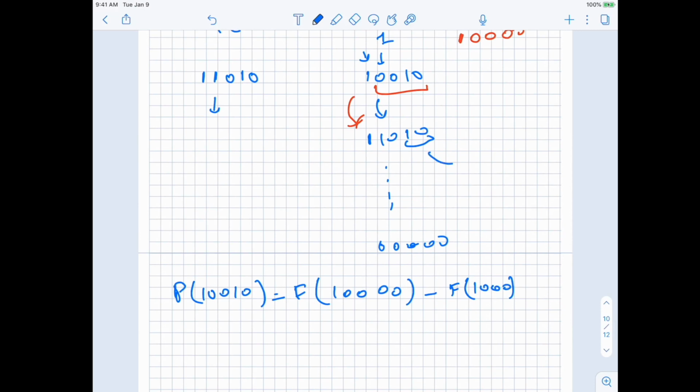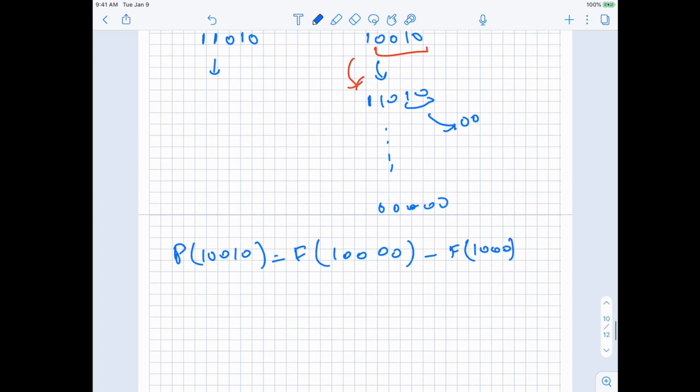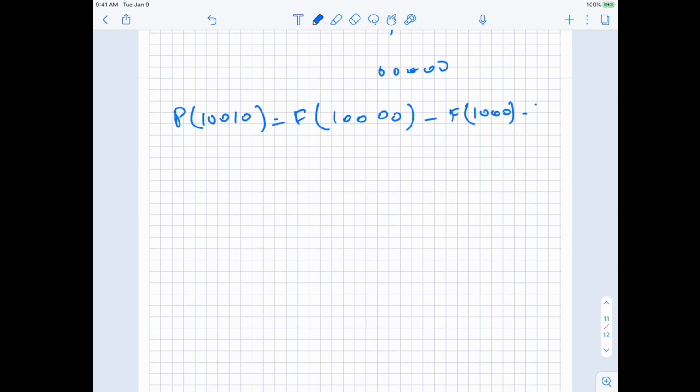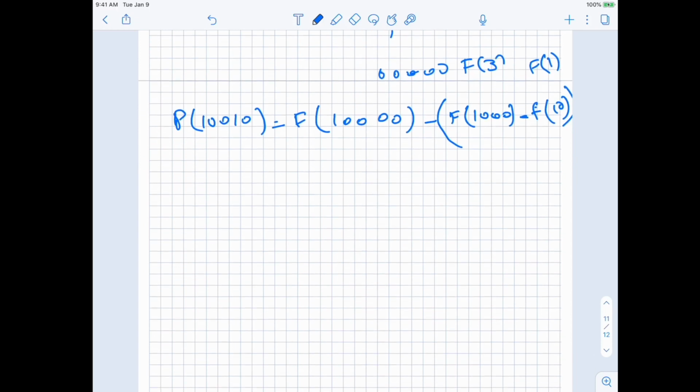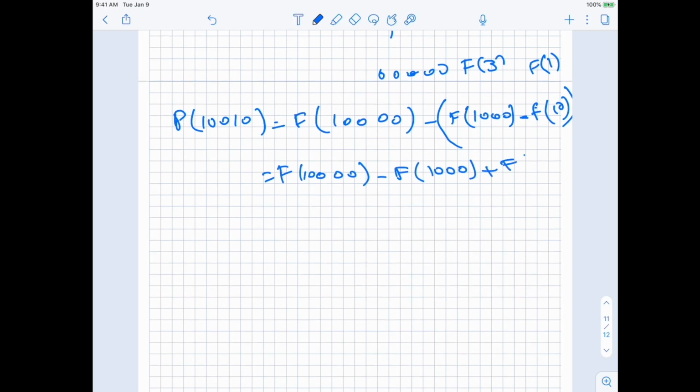Well, getting this 1 0 to 0 is also something we already have, so we need to subtract it. This is, by the way, between parentheses. Remember, this is 0, 1, 2, 3: this is f of 3, this is f of 1, okay? And so now if we expand this, then we have minus f of 1 0 0 plus f of 1 0.